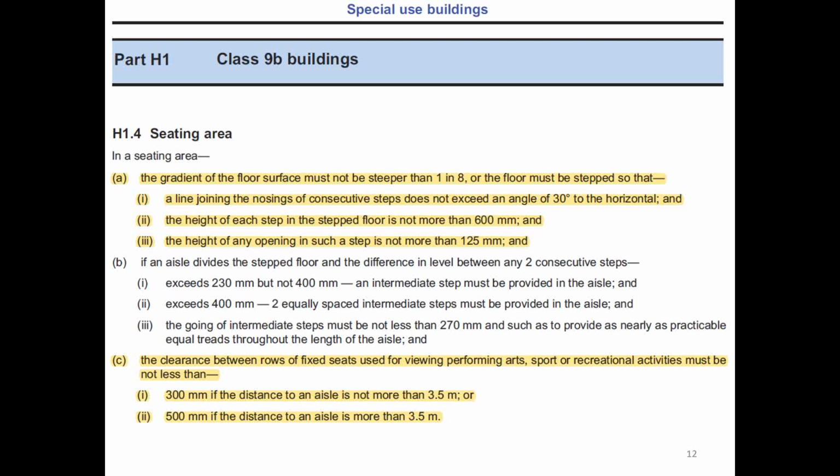If you have rows of seats that are 3.5 meters long with exits to both sides, then your clearance can be 300 millimeters, and if the distance to and out from a seat is more than 3.5 meters, then you need to have 500 mil worth of clearance. And we will go through this a little bit more when we get to the green guide. The green guide also has suggestions, but for the purposes of this assignment, we'll be using this clause C1 and C2.